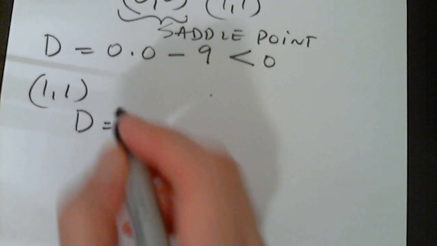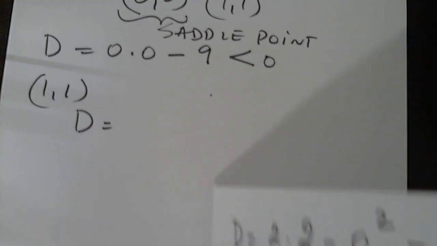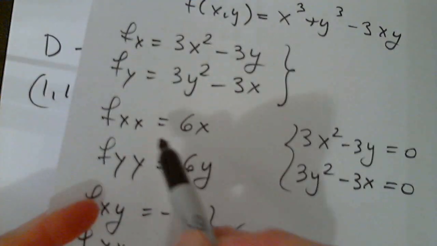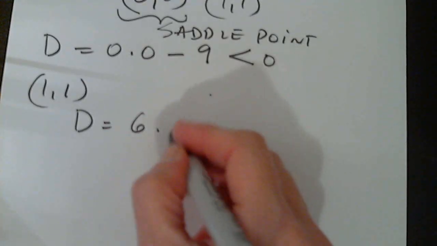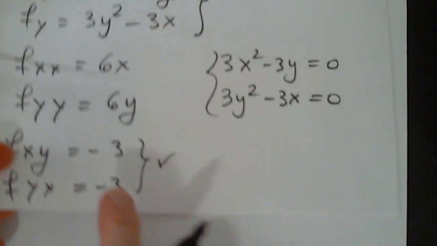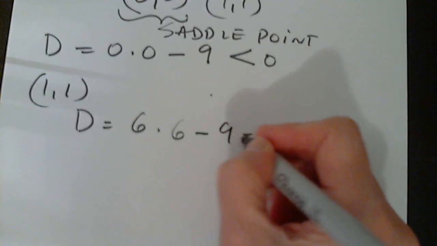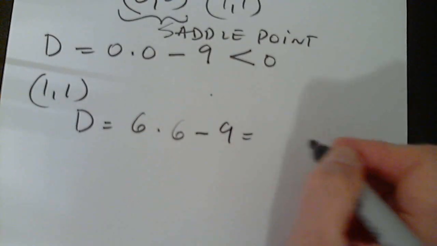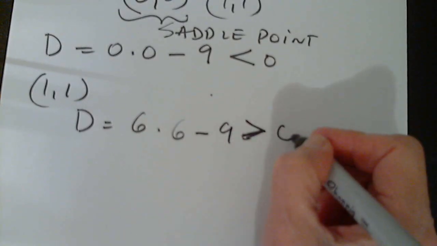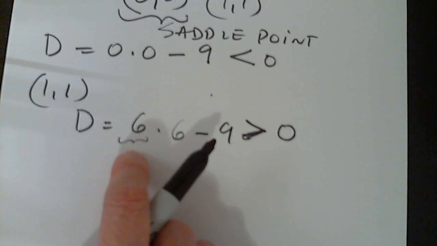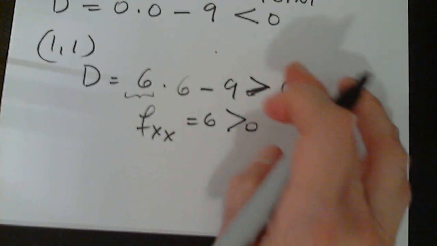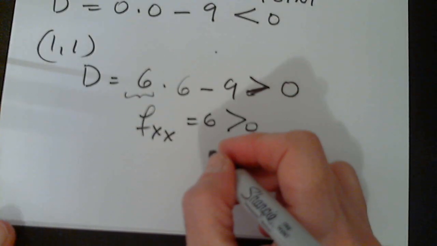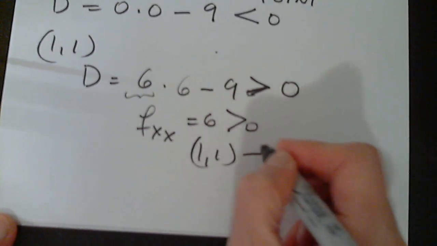I have to find d for 1, 1. So fxx 6, fyy 6, minus negative 3 squared, which is 9. 36 minus 9, I don't even care for the number, it's a positive number. And fxx is positive. When both are positive, 1, 1 is a relative minimum.